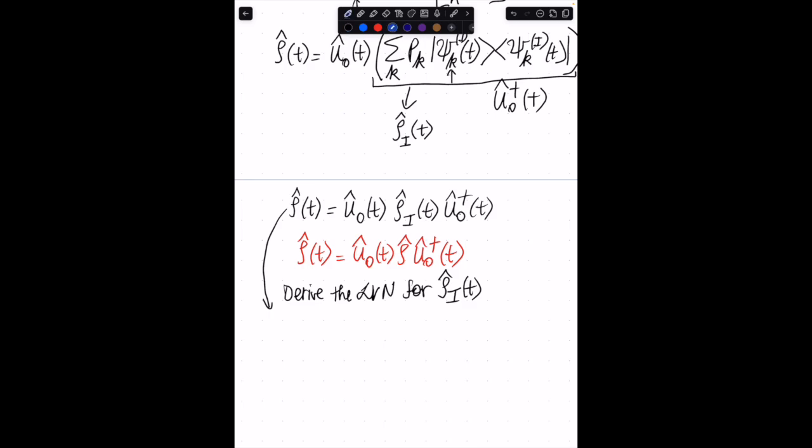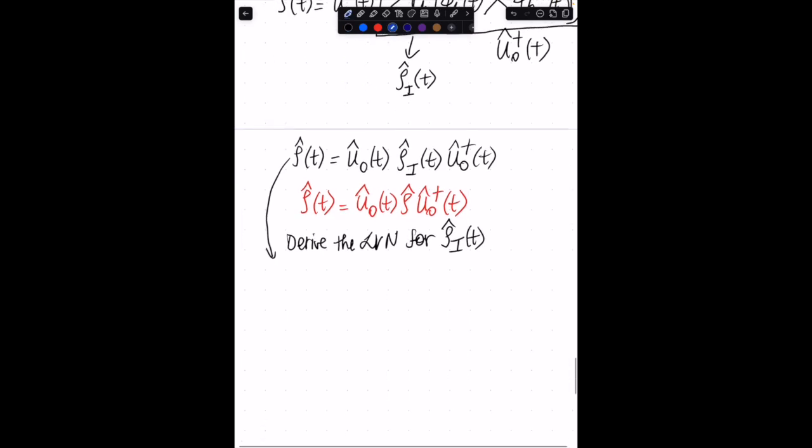So what I will do is I will bring this equation down and write it in terms of rho hat I(t). So rho hat I(t) will just be U hat dagger(t) rho hat(t) U hat(t) as such, because what I could do is apply U hat dagger(t) with respect to the zeroth order Hamiltonian, and apply it here, and then apply U hat(t) here, and then I get this result.